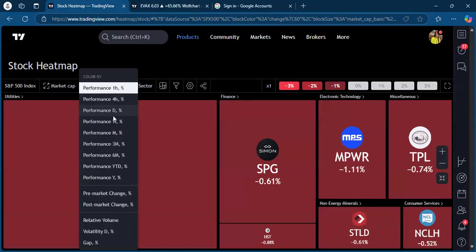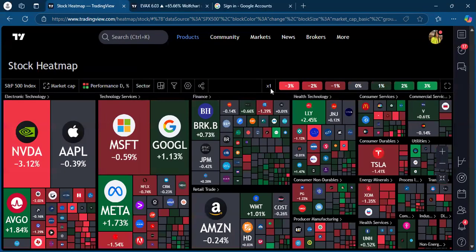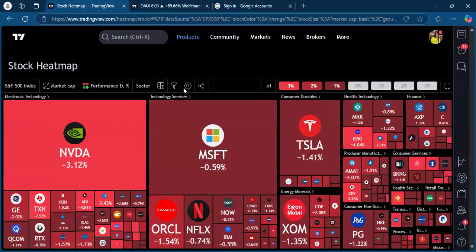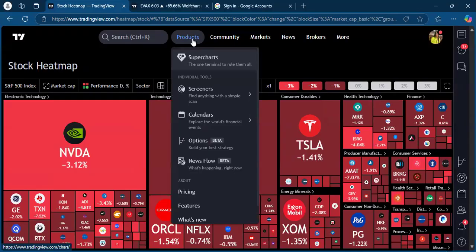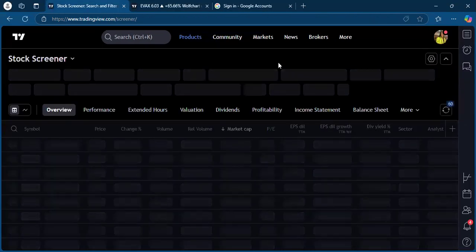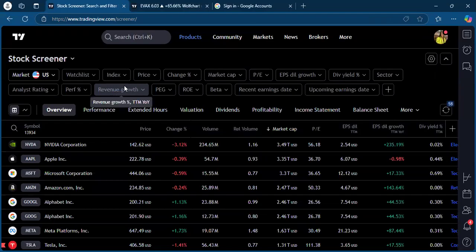And then you can also see by the day what's trending down. So you can use your heat map. There's other things that you can do with it. So it's just, again, things that if you're using TradingView, why not use it to help you and just learn all of the things that it has available to you as a user. But we are going to go to screeners today and focus our attention there.